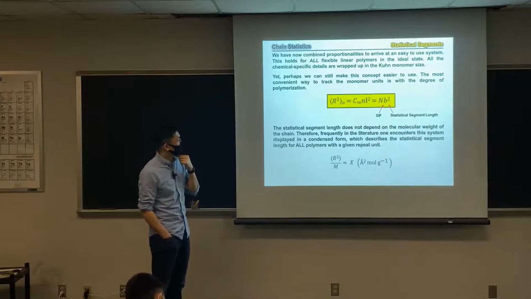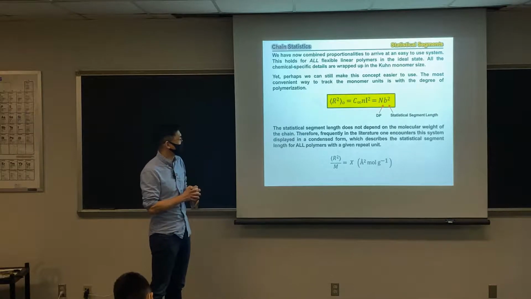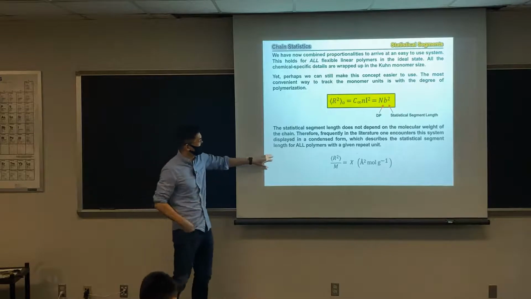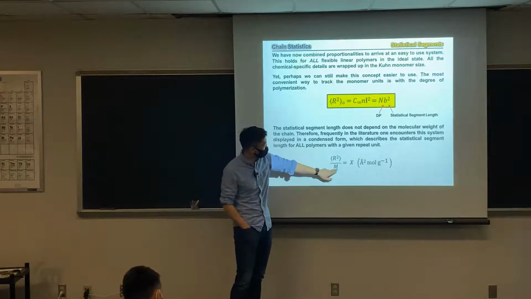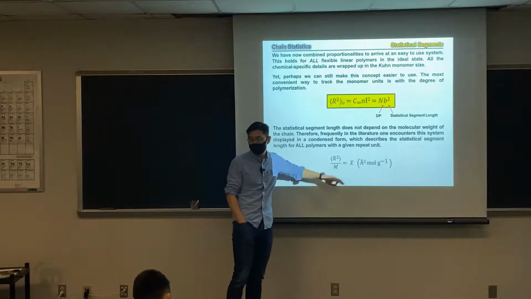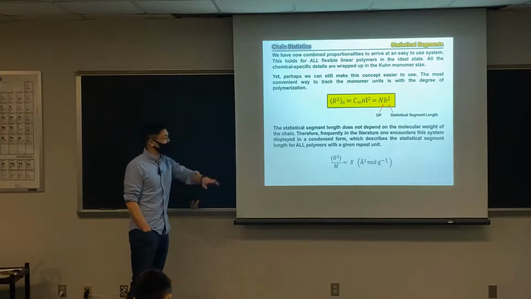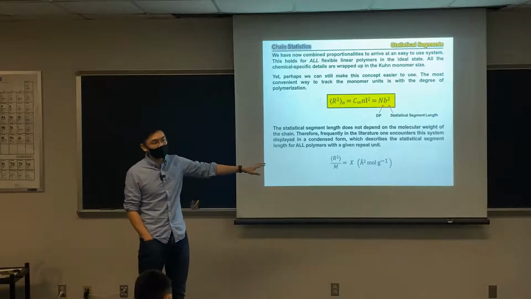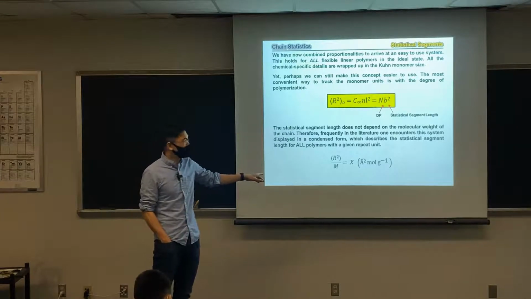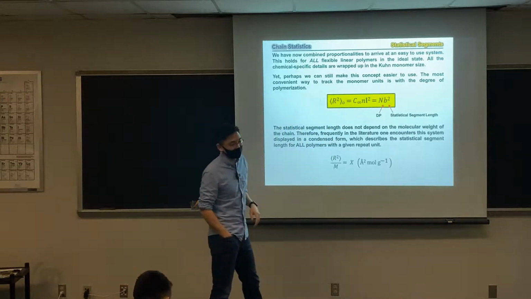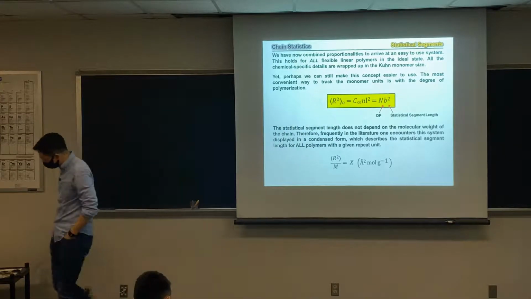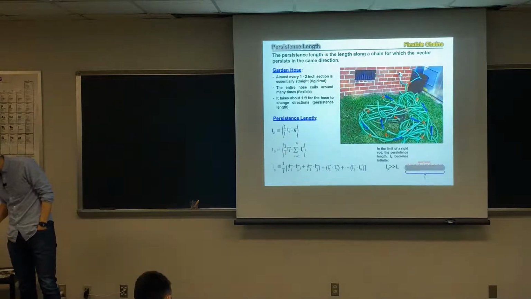The statistical segment length then would give you many unique ways to measure your structure. One of them will allow you to directly probe R squared divided by N equals a value, and that's what we did in homework one. And we're going to come back to explain details for the homeworks, how we actually use this to back calculate C infinity. I'm looking forward to grading the homework and seeing how everybody does here.